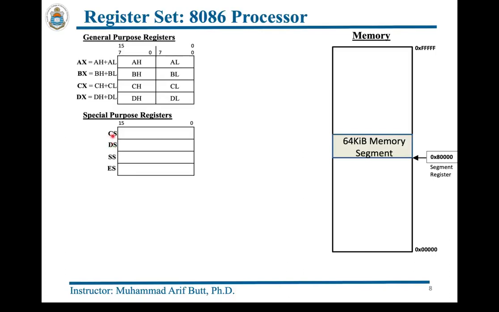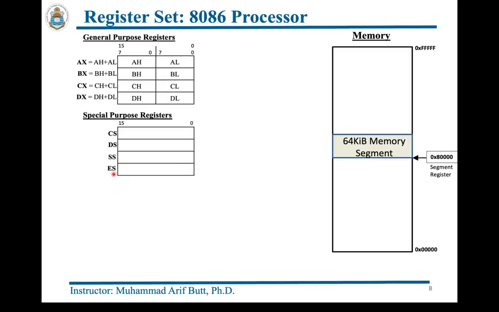This CS, code segment register, stores the starting address of the code segment where program instructions reside. DS, data segment register, stores the starting address of the data segment where both initialized, uninitialized data and constants reside. SS, stack segment register, stores the starting address of the stack segment where all the local variables and function stack frames reside.